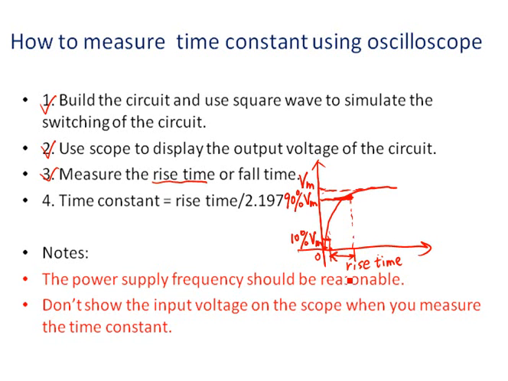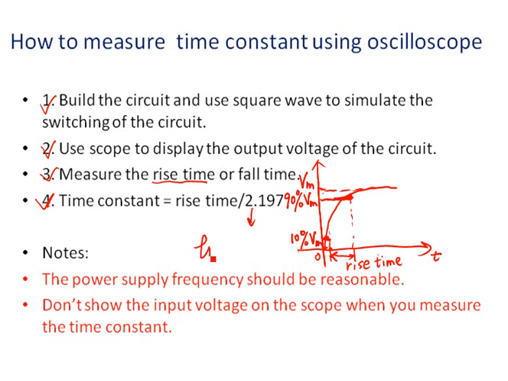So here is the rise time, the time spent when the voltage goes from 10% to 90%. We can measure rise time directly with an oscilloscope. The time constant can be derived as the rise time divided by natural log 9.